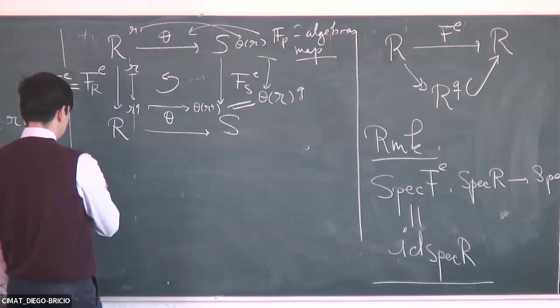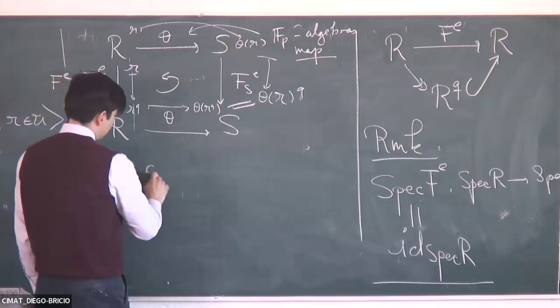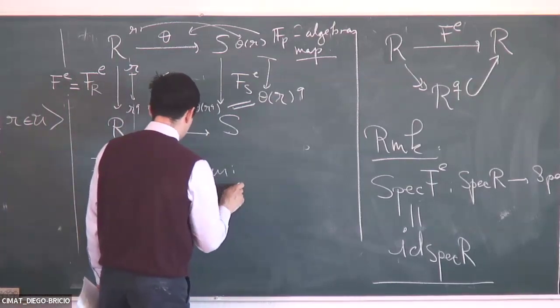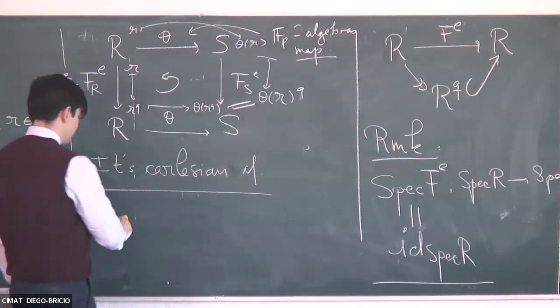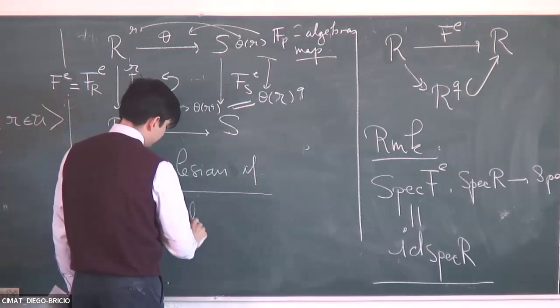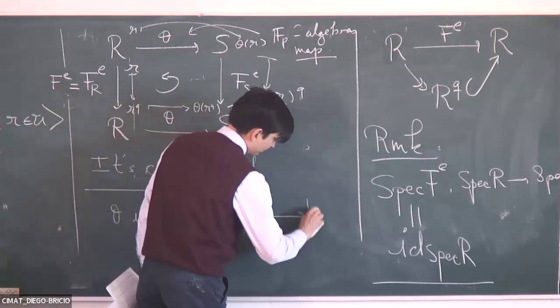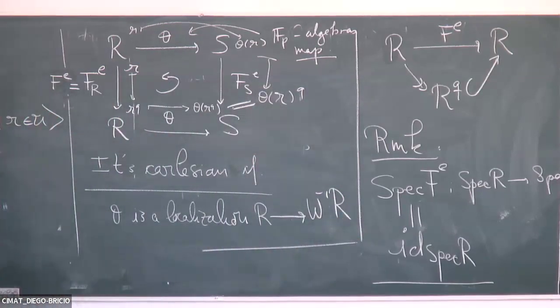It's Cartesian in many cases, but there is a case that is going to be very important for us. It's Cartesian if theta is a localization. Cartesian means fiber product.